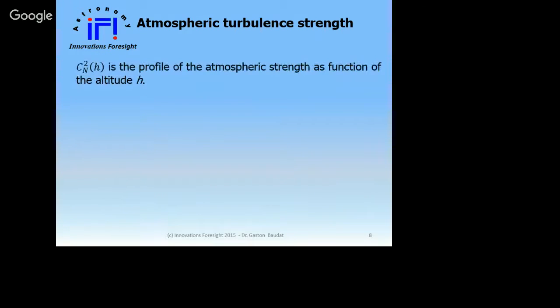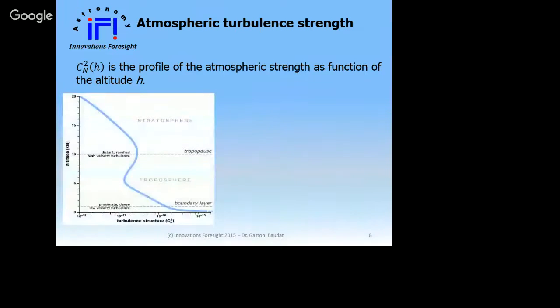The atmospheric turbulence strength, the function I was talking about before, is a profile of the turbulence across the atmosphere. If you look at it, on average, this is what you see. There is a lot of turbulence near the ground, the boundary layer, up to pretty much 1 kilometer above the head of the observer.